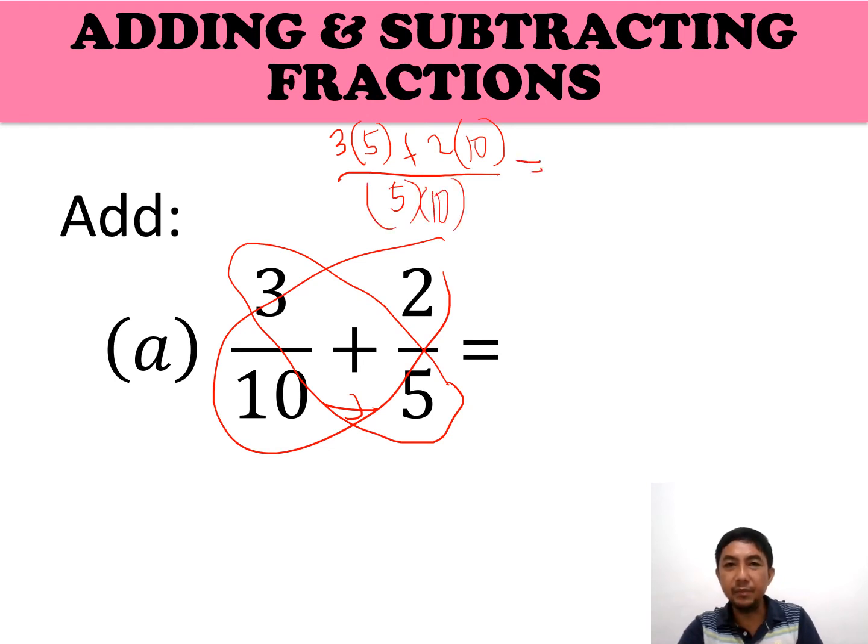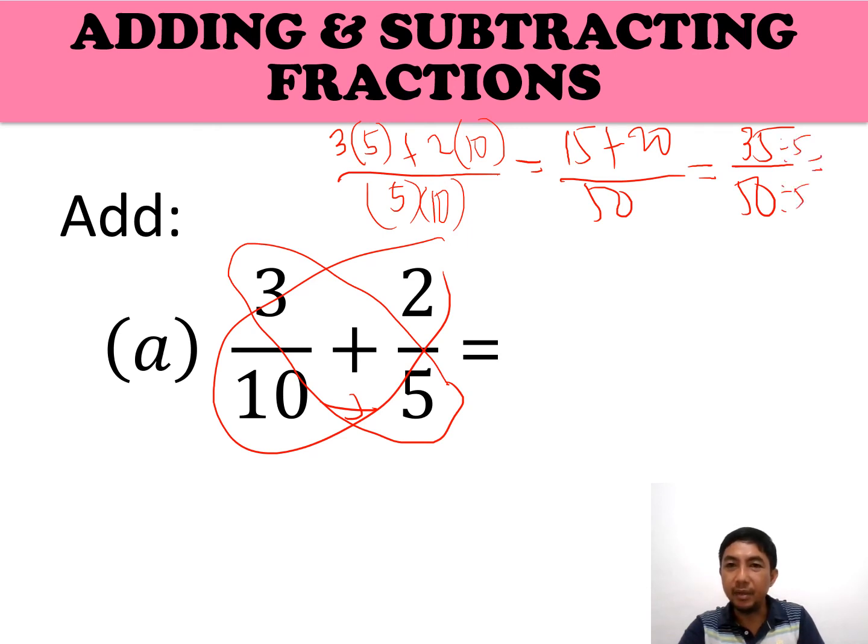Equals, we know this is 15, we know this is 20, all over 50. And we know 15 plus 20 is 35 over 50. And 35 and 50 are both divisible by 5. So if we divide this by 5, we have 7 over 10. So the correct answer here is 7 over 10.